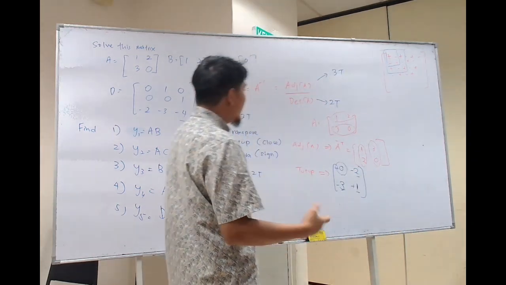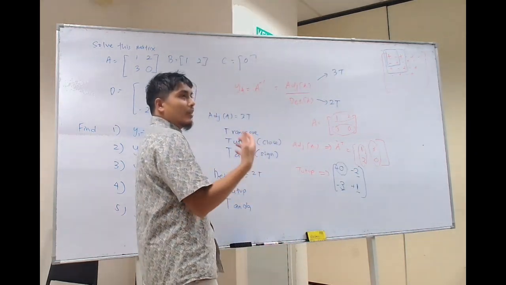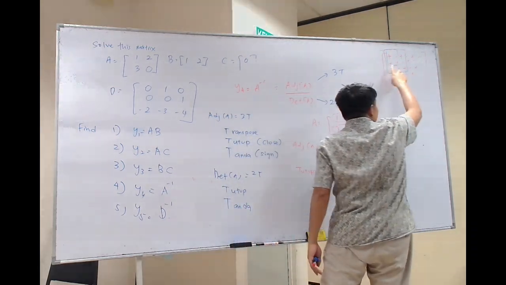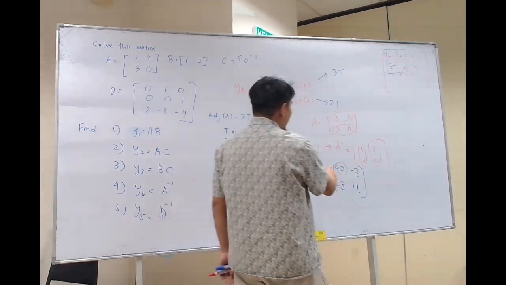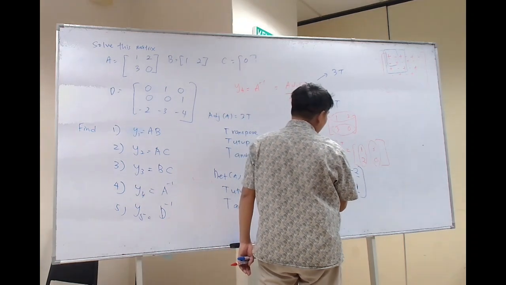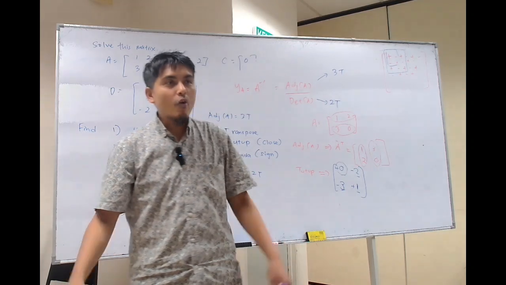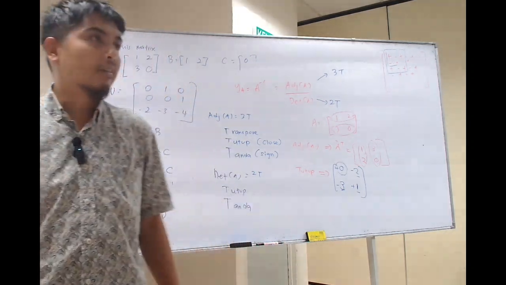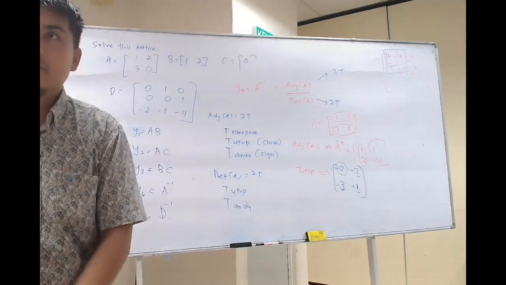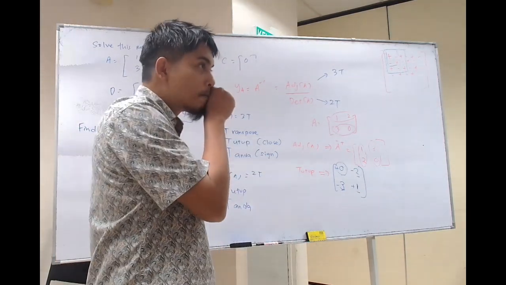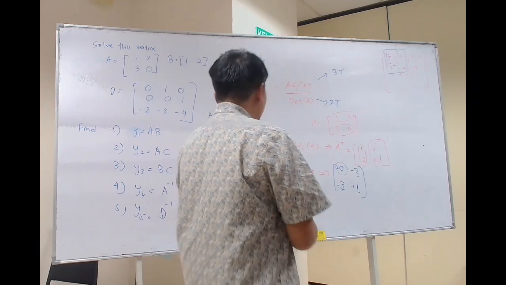Because this is only 2 by 2, you just need to consider only the 2 by 2 area. Then you apply the sign here: positive, negative, negative, and positive. Then you already get your adjoint. This is your adjoint answer. Okay? Is it clear?